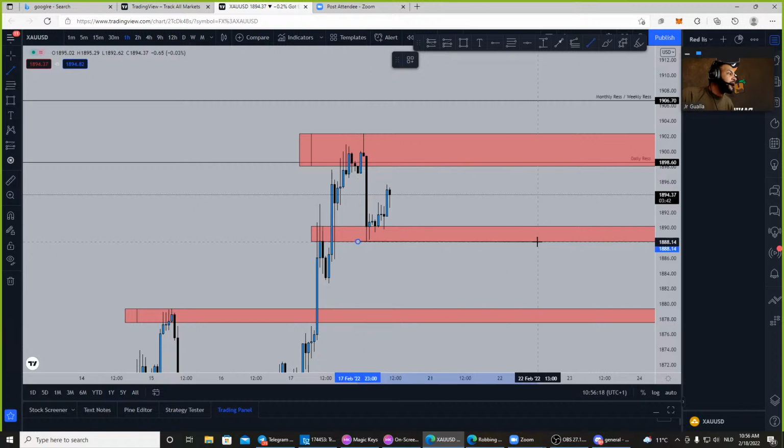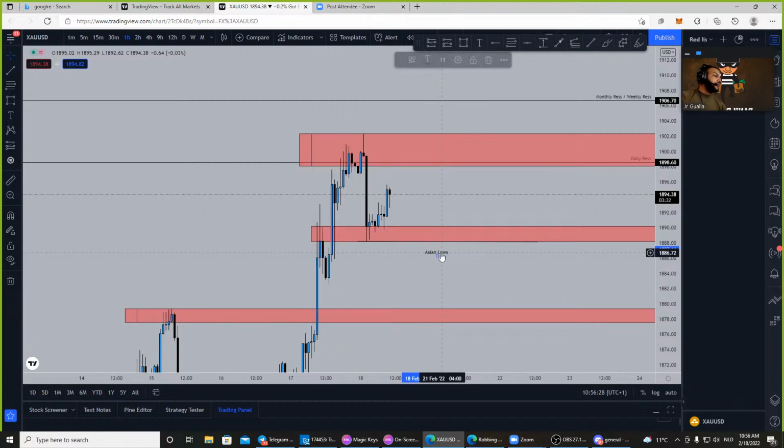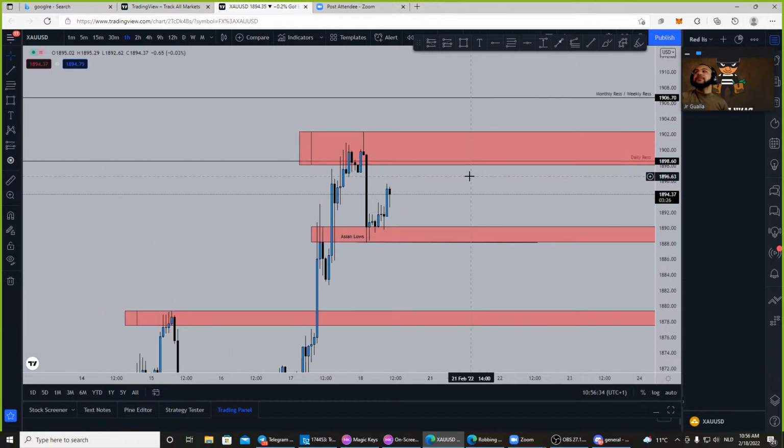I'm just going to put it here. Text: Asian lows. That's it. Now you wait for price to make some price action in your zones and you're good.